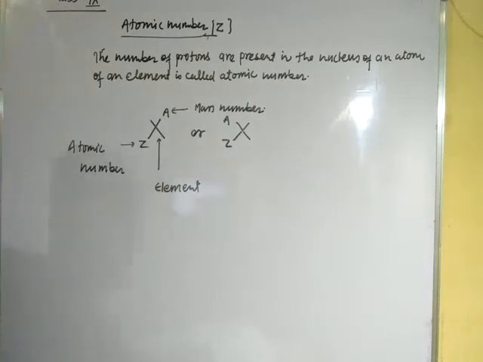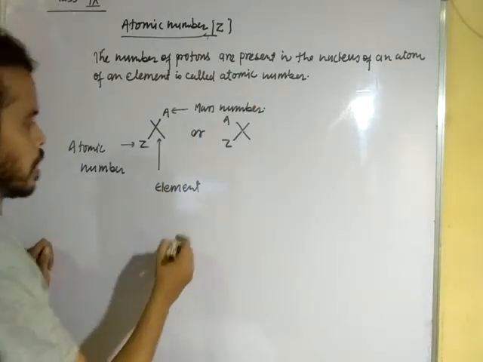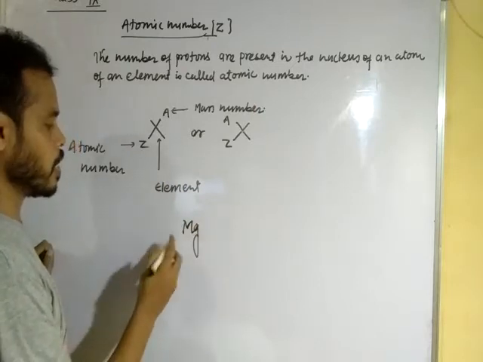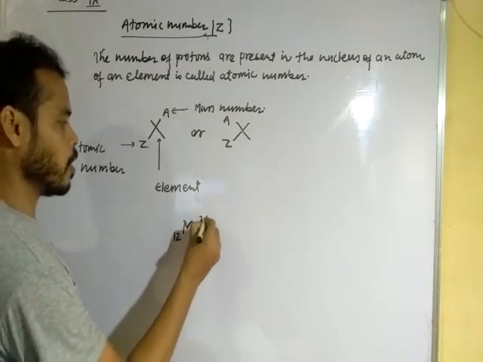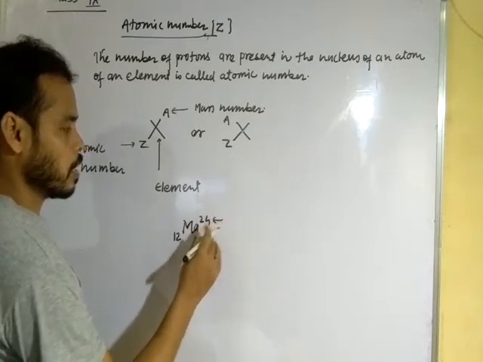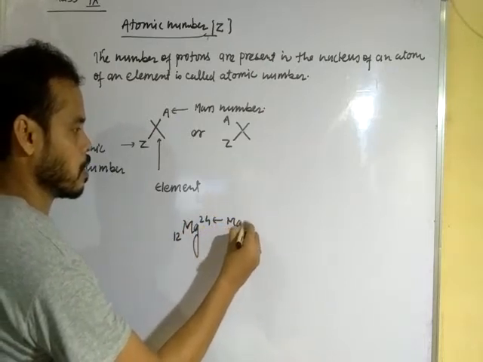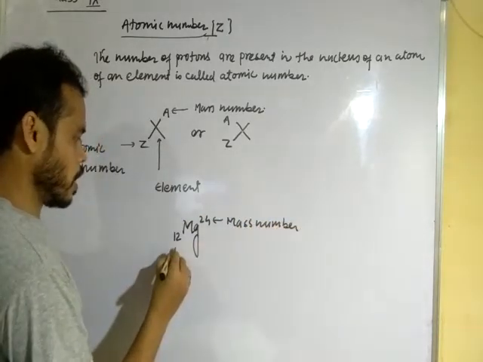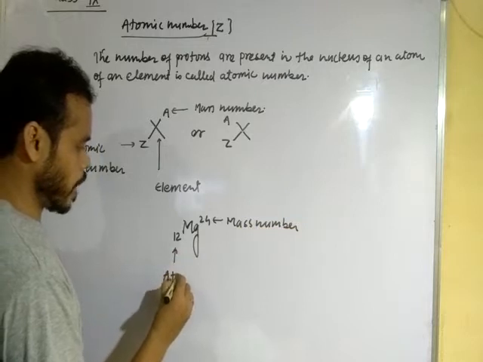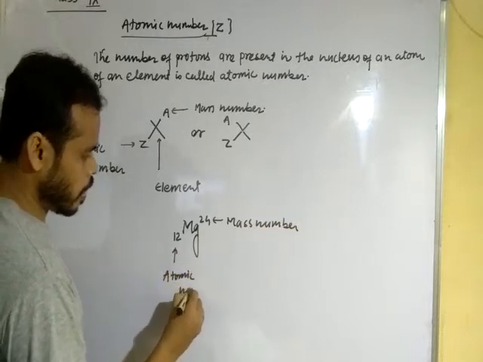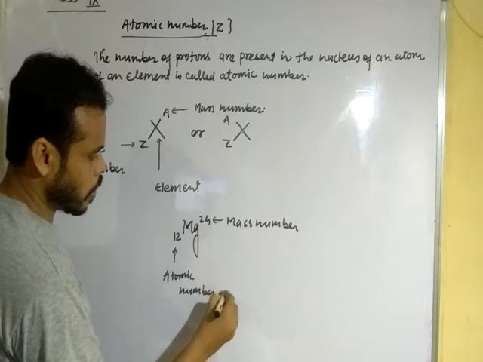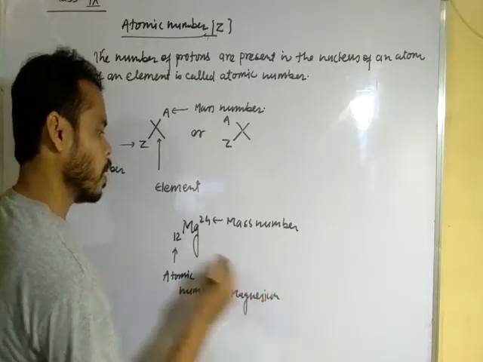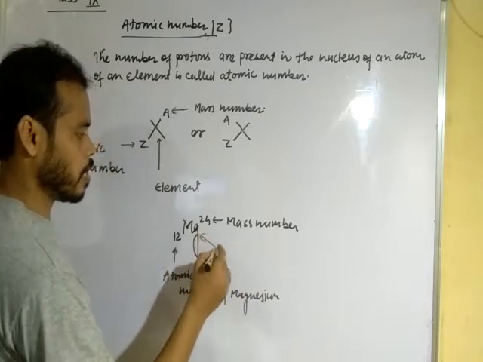Suppose you want to write the symbol of magnesium: we write magnesium with 12 and 24. This indicates the mass number, this indicates the atomic number of magnesium, and this indicates the magnesium element.